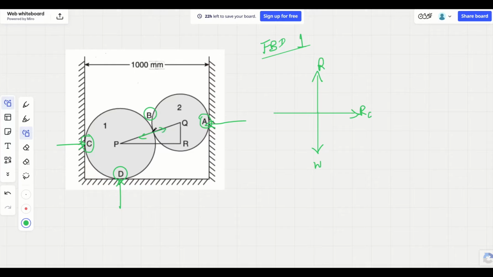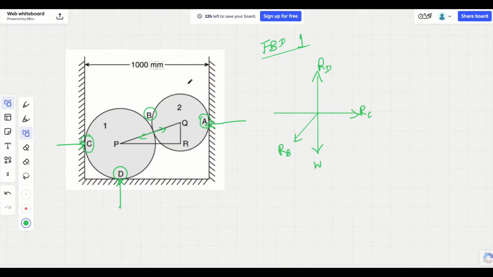And this one is also a normal reaction, but it is inclined in this direction. So draw whatever force you get with some angle, so that is RB. Understood?